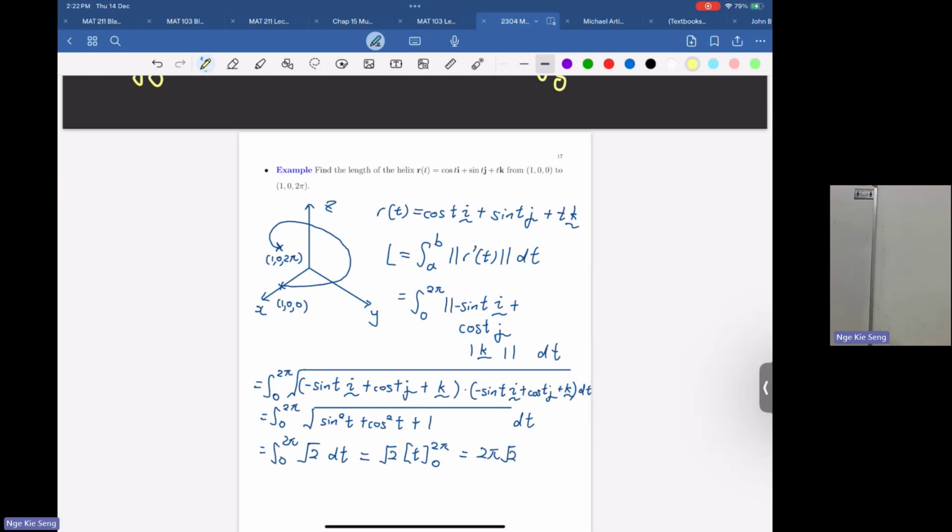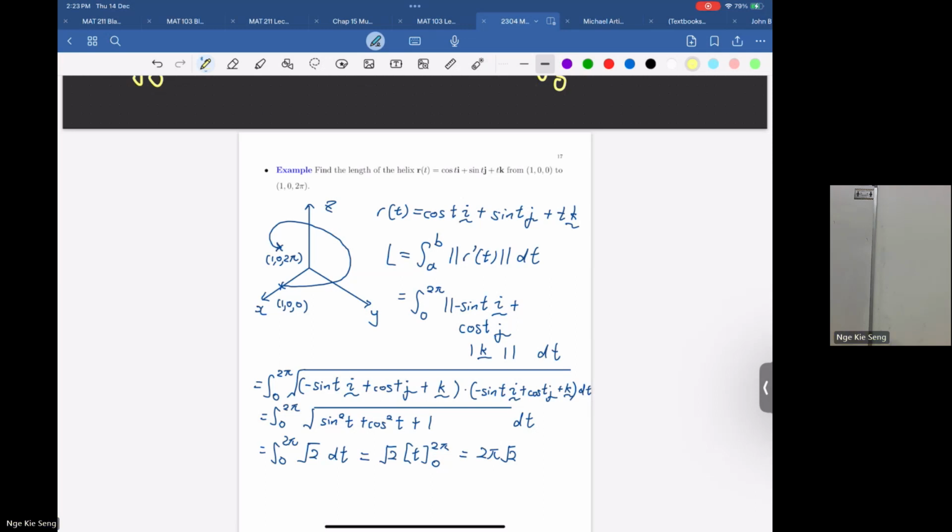And from 0 to this 110 is length 1, so I might get a radius 1 circle. But just now we computed what? A radius 1 circle has length 2 pi, but this one is 2 pi square root 2. This is longer.